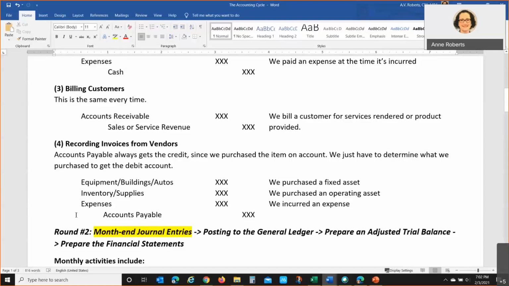We know. All right. So everybody good with billing customers, right? The deal is we've just provided a product or a service, and we're recording the accounts receivable. All right. Then the fourth thing that we're doing in the accounting department is we're recording invoices from vendors.